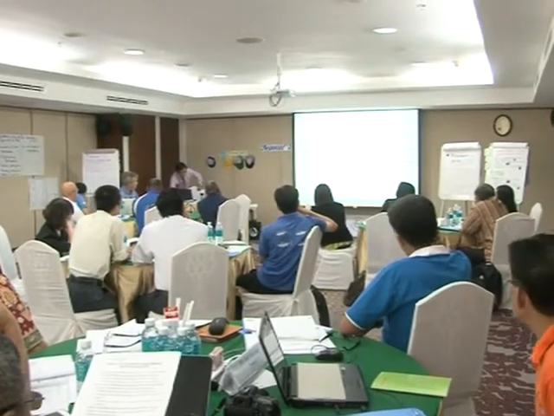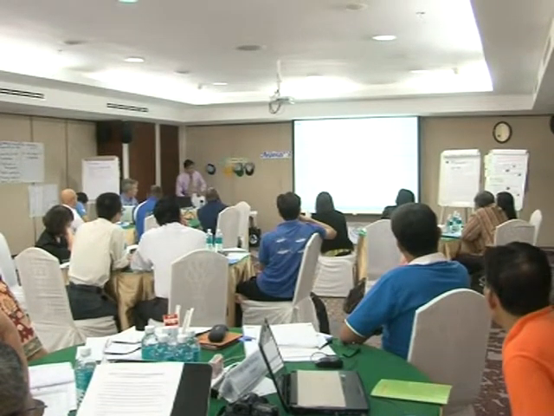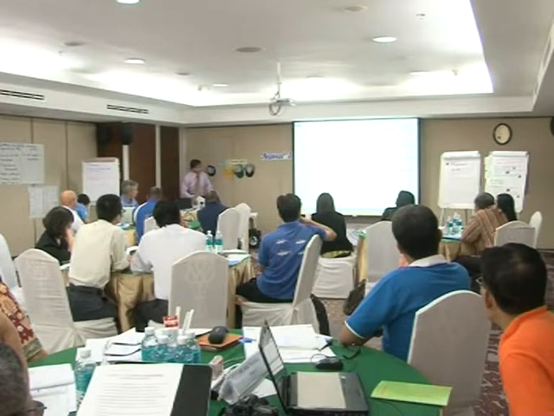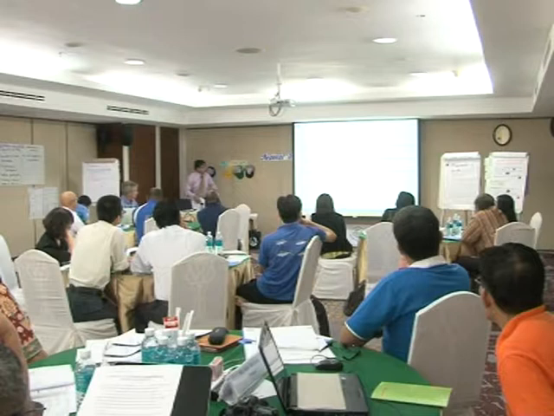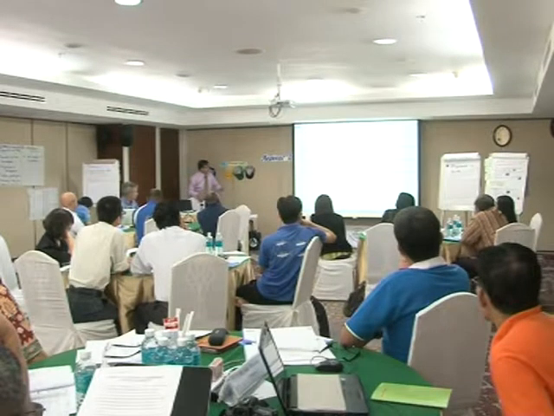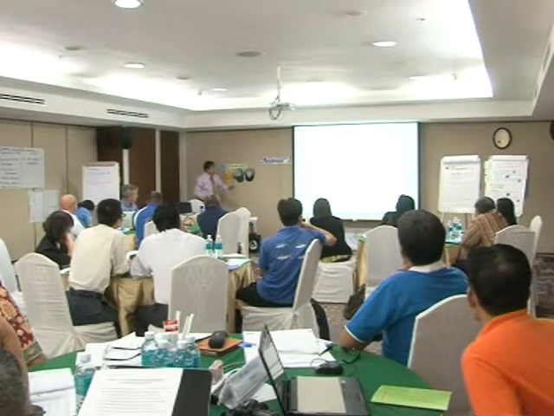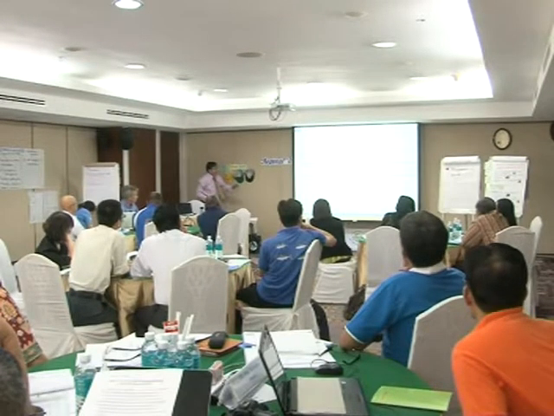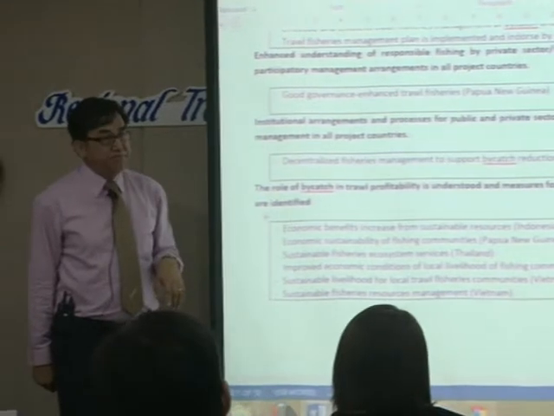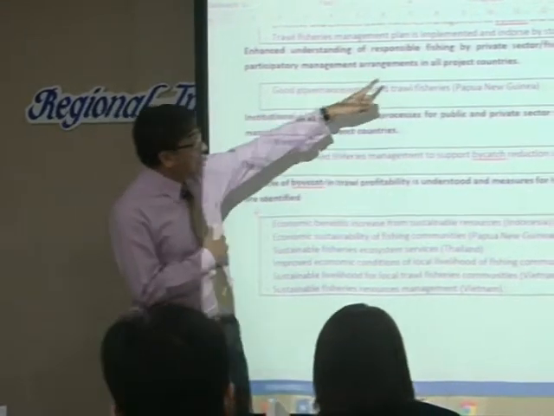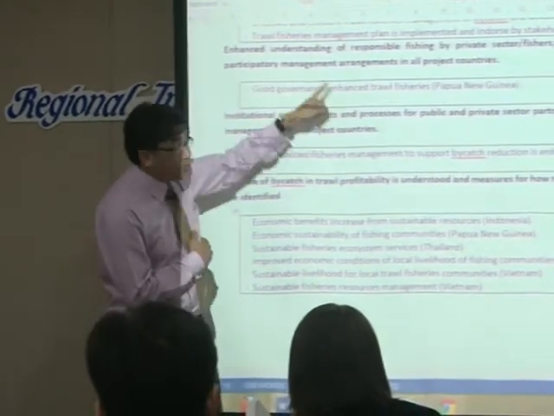Enhance our understanding, responsible catching. See? This is Papua New Guinea. I rephrased a little to make it more sexy. This is sexiest. Good governance enhanced for fisheries management. So in order to make the sector and stakeholders make the participatory arrangement.